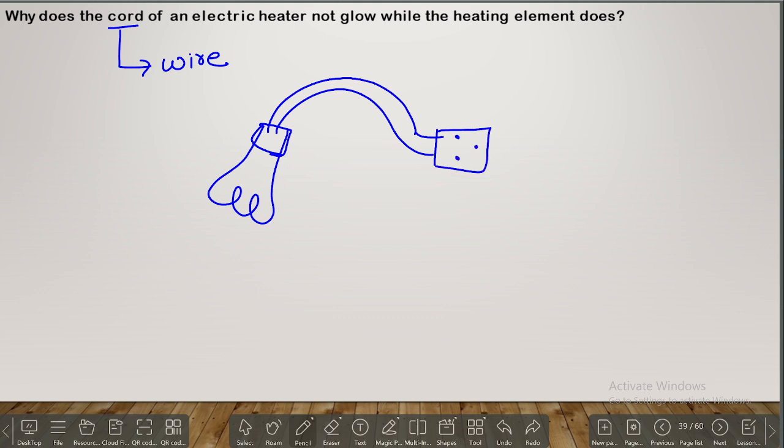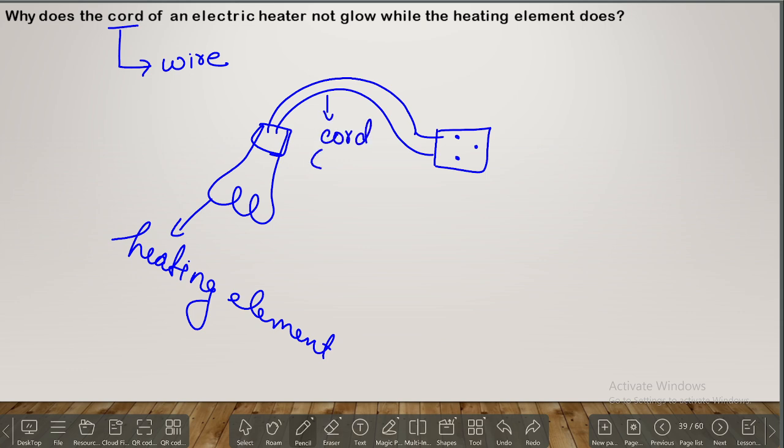This one we'll call the heating element, and this one we'll call the cord. Cord means the wire.